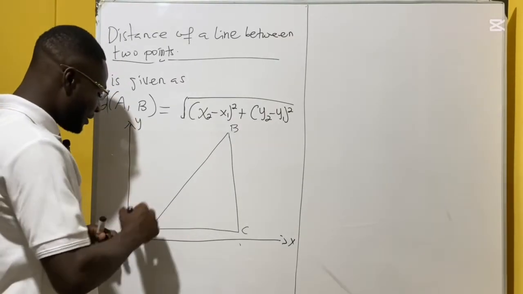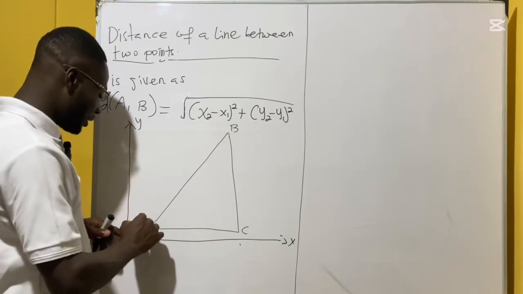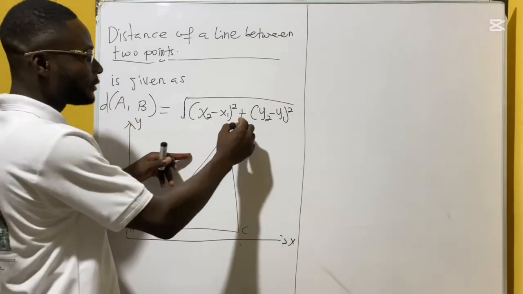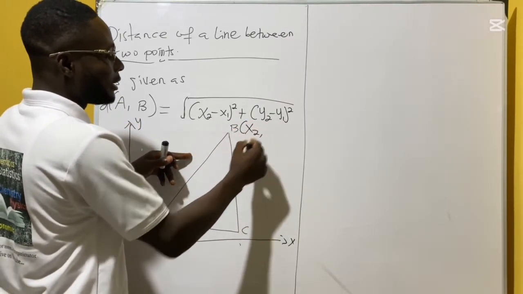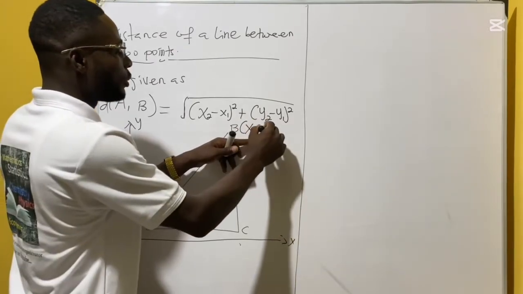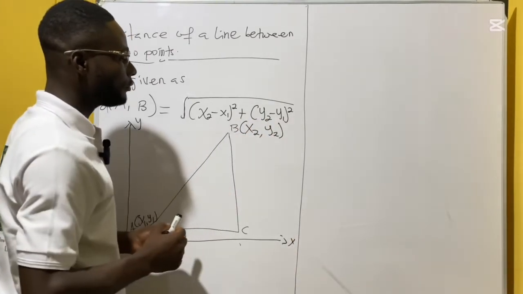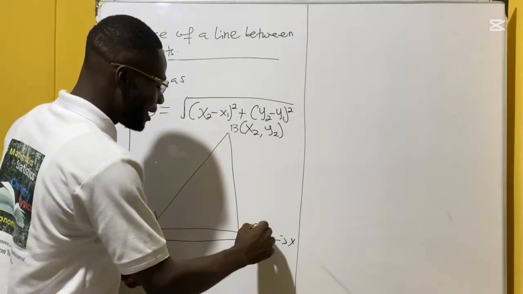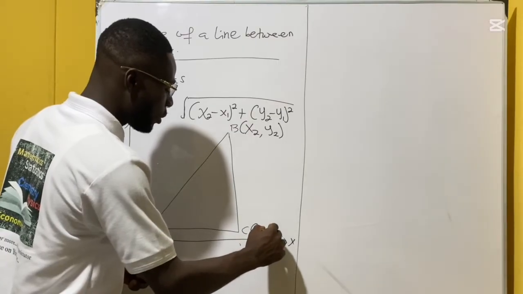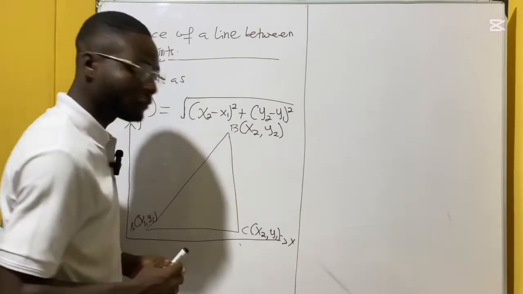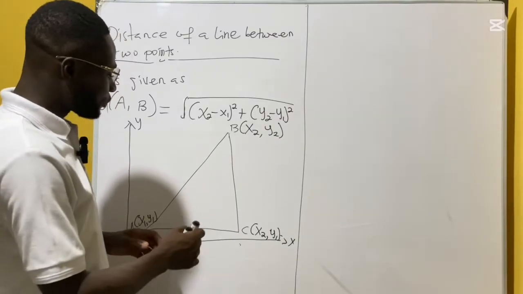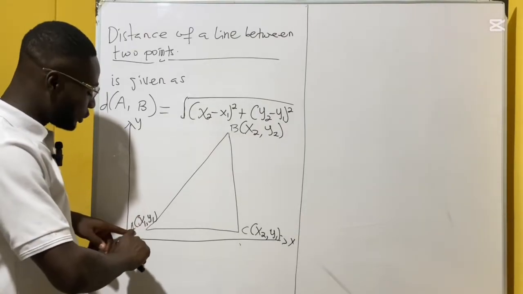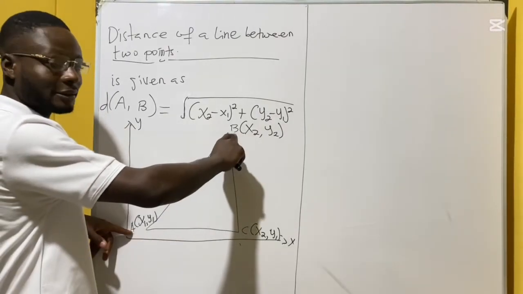Point A has coordinates x1 and y1, point B has x2, y2, and C has x2, y1. Now, we want to find the distance between A and B.